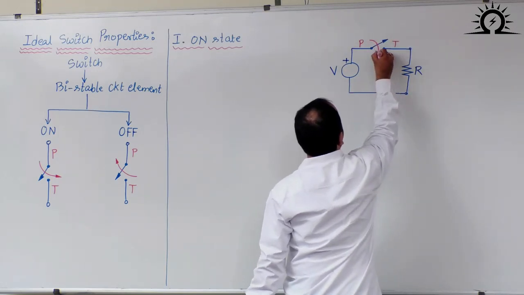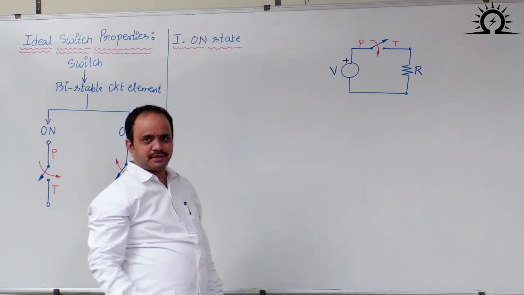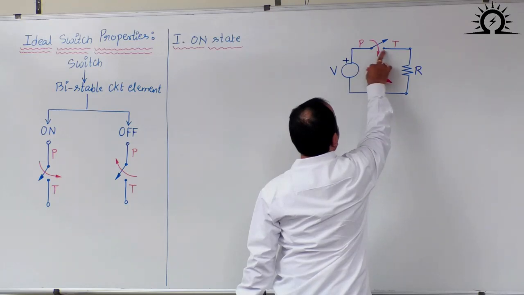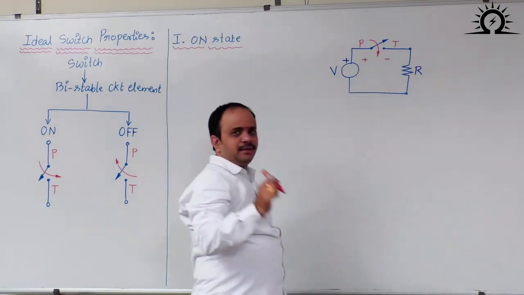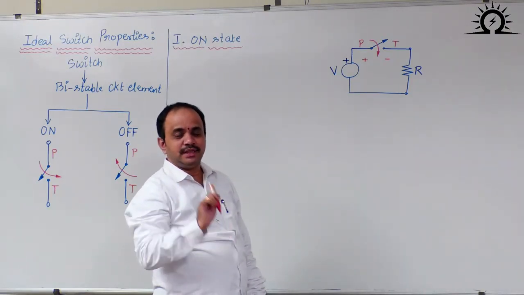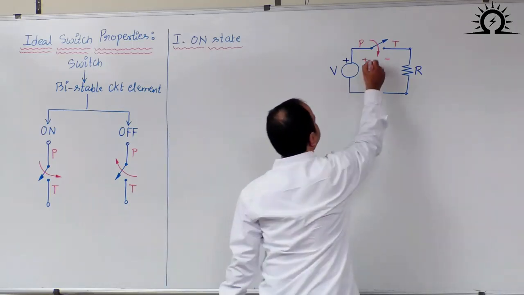On state means this pole and throw are in contact with each other. So whenever pole and throw are connected, you can say that P and T both are at the same potential.